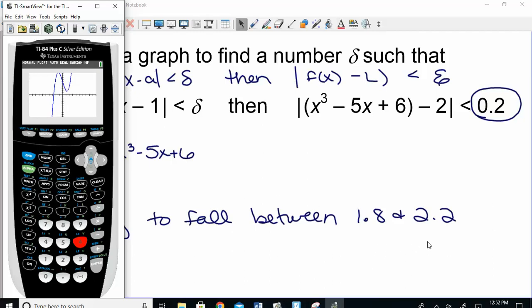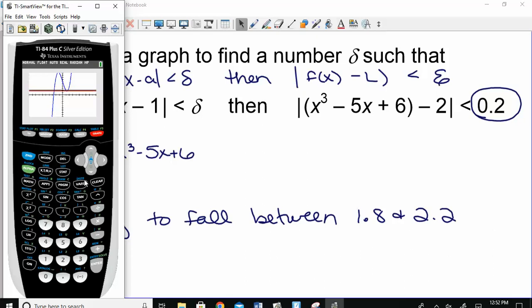Now, specifically, we want to know when our y's will fall between 1.8 and 2.2. So, to narrow that down on our calculator, we could graph those lines. So I'm going to set a line at 1.8, and I'm going to set a line at 2.2. Here's my 1.8. There's my 2.2.